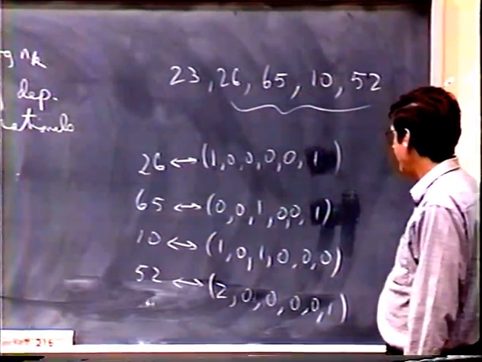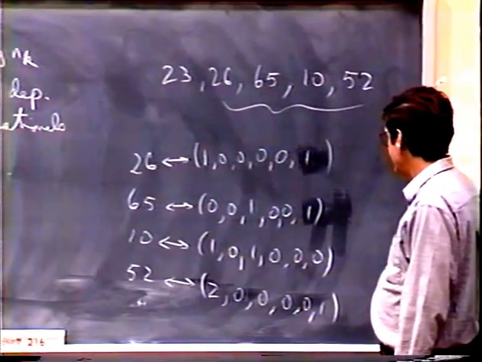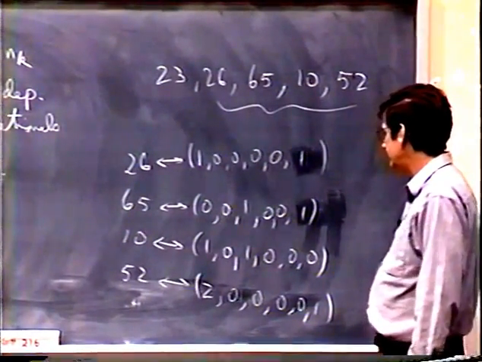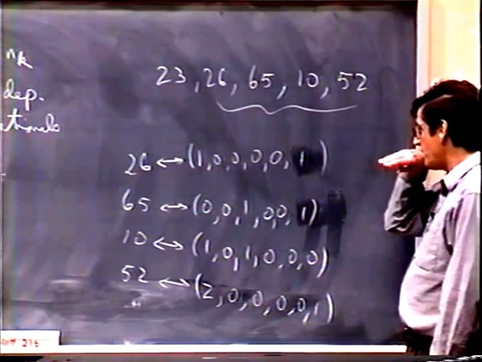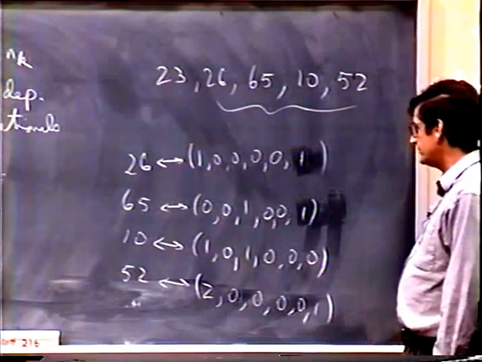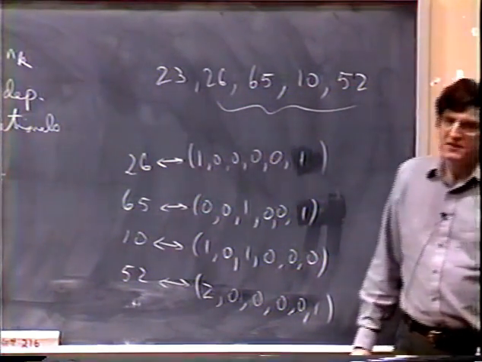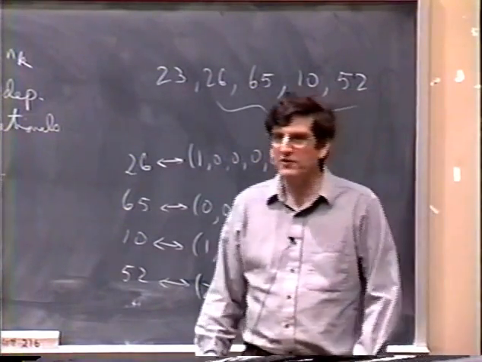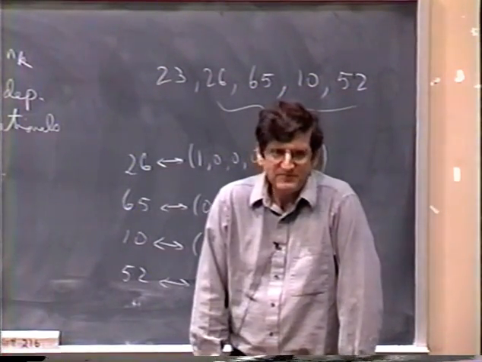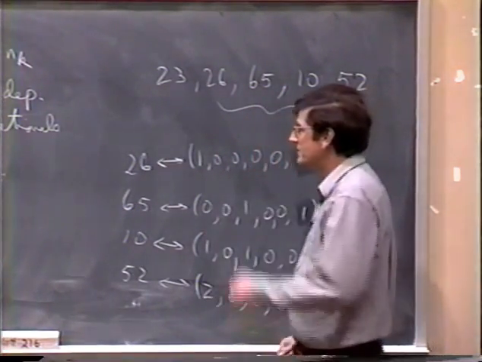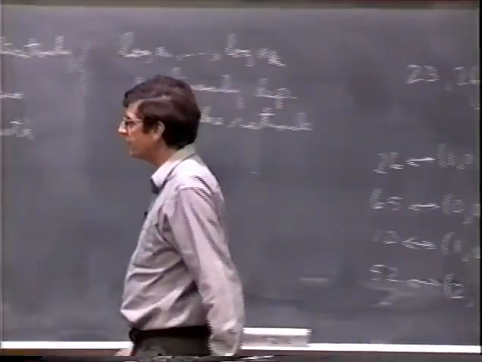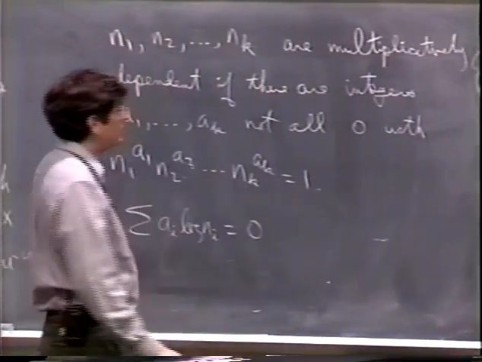I don't know. It's too hard to do it. So sign up for homework. So anyway, let me describe the theorem and show you what this has to do with smooth numbers.